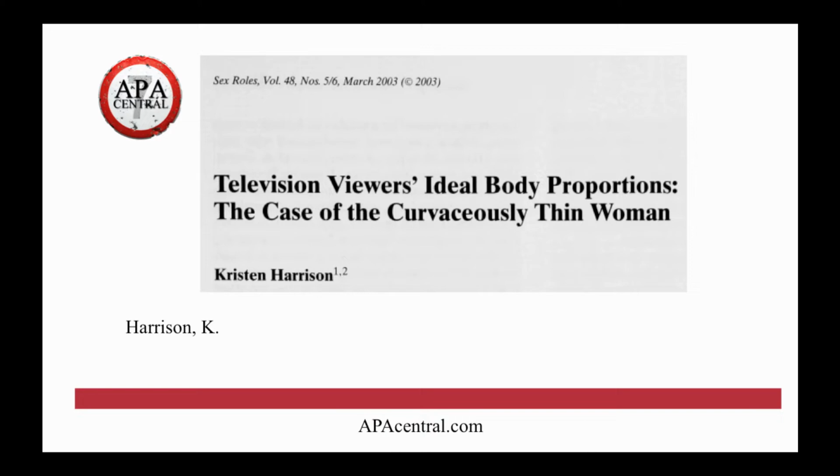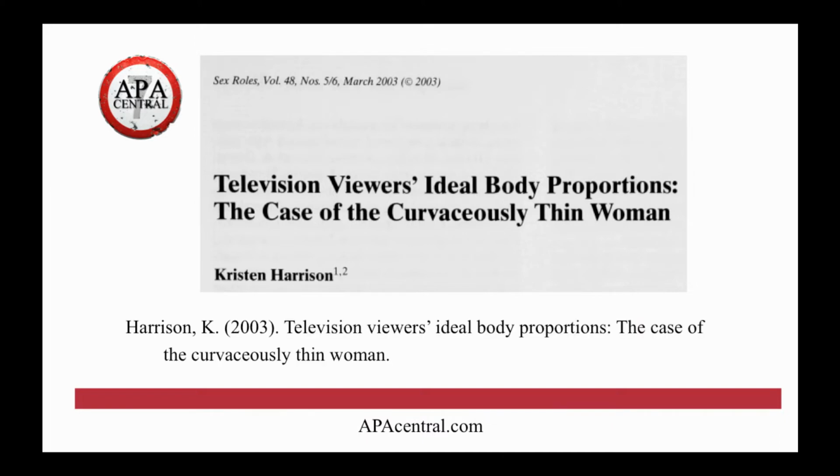Last name first, and then first name initial, followed by the year of publication, 2003, and you can see that at the top there, followed by the title of the article, and when you put it in a reference, it's in sentence case, and so it's written like a sentence where the first word's capitalized, the word after the colon is capitalized. So, whereas the title is in title case, the reference is in sentence case. There's another video about distinguishing between those two.